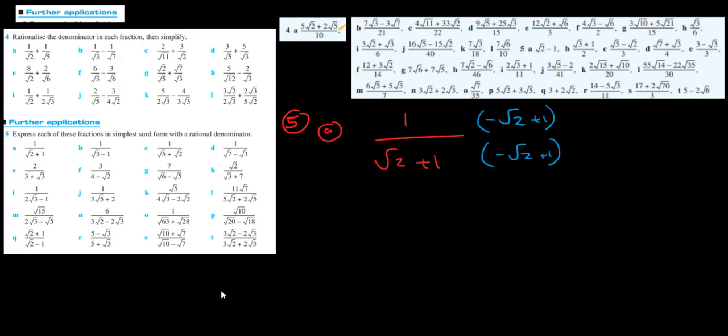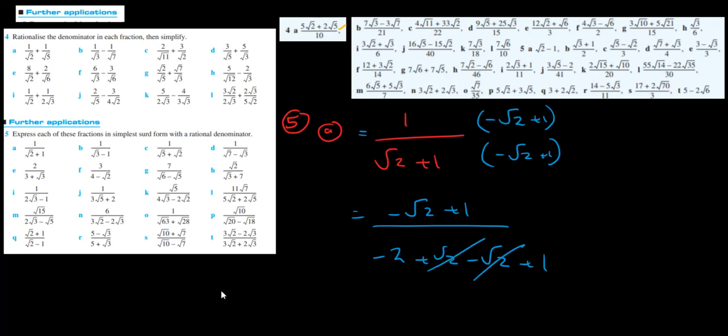Okay, so we've got 1 over root 2 plus 1. So we multiply numerator and denominator by the conjugate. Let's do that then. So on the second line we have negative root 2 plus 1 all over negative 2 plus root 2 minus root 2 plus 1.